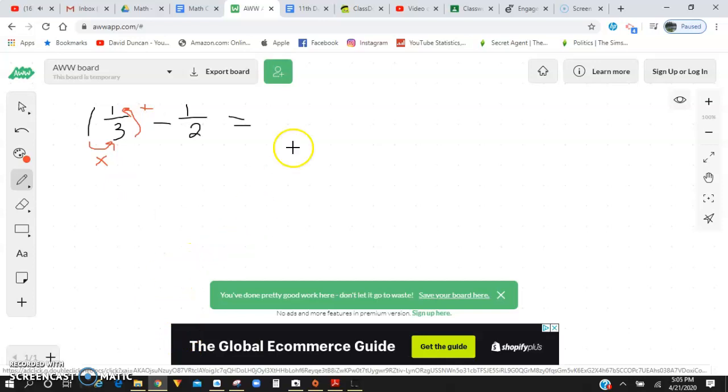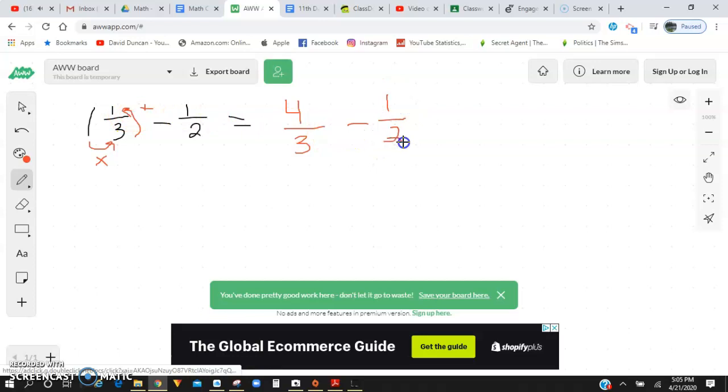So my new improper fraction is going to be 4/3. I got that by doing 1 times 3 is 3, plus 1 is 4. Subtract 1/2. Okay. Now that is my new problem. I just brought that 1/2 over here.